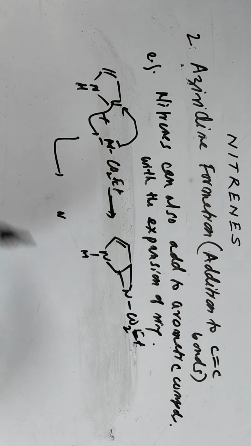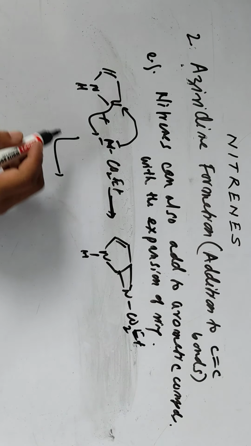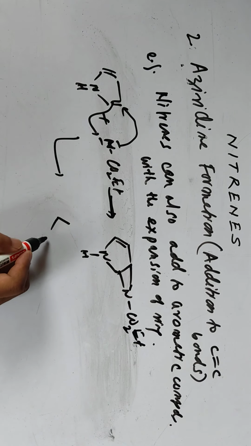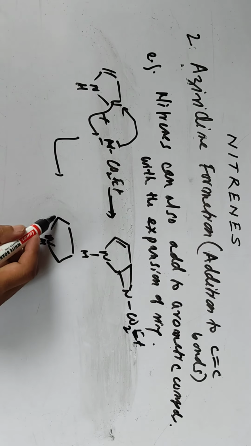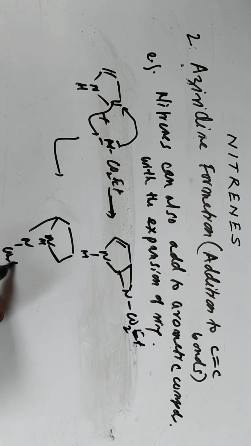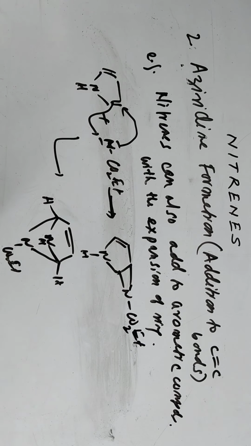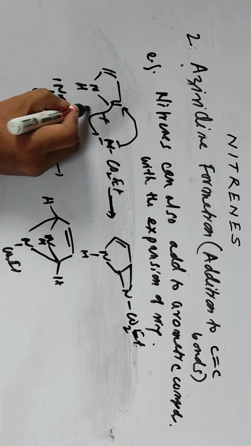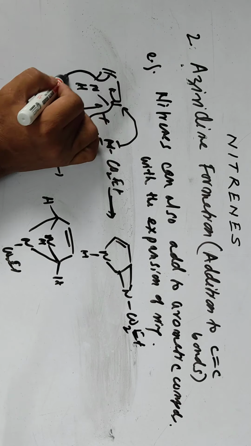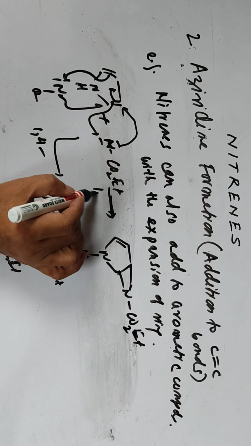The nitrene can attack like this, carbethoxy, so the attack is here. So this is 1,4 addition and this is 1,2 addition.